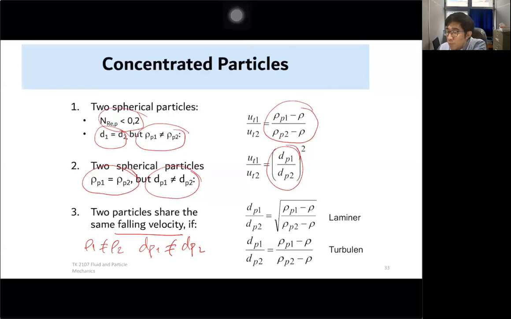Then the two particles will have the same falling velocity if the ratio of diameter follows this equation. This one is for laminar, this one is for turbulent. So these are three cases of concentrated particles, and this is the simplest case.